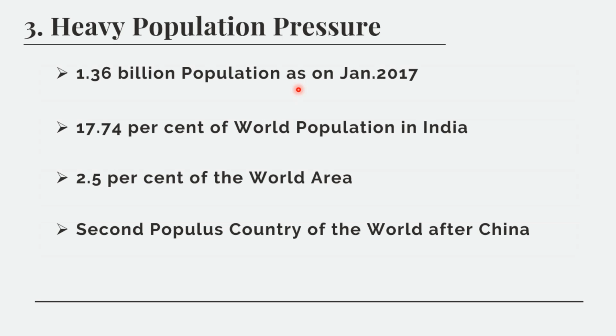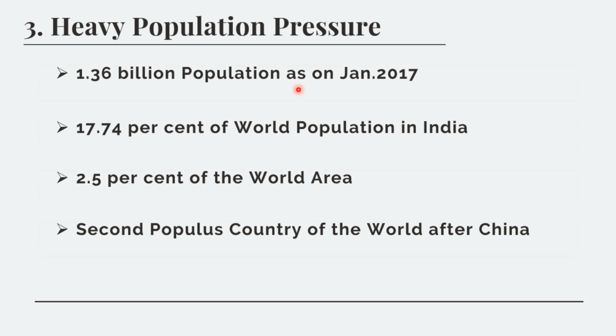The total population of Brazil is 181 million, and that much population was added in India in just 10 years. So from this fact we can understand the severity of this problem, which is day by day increasing.